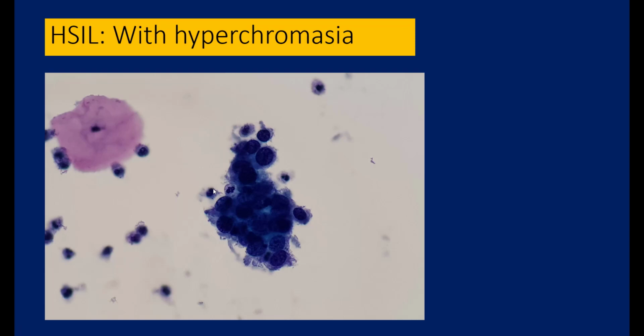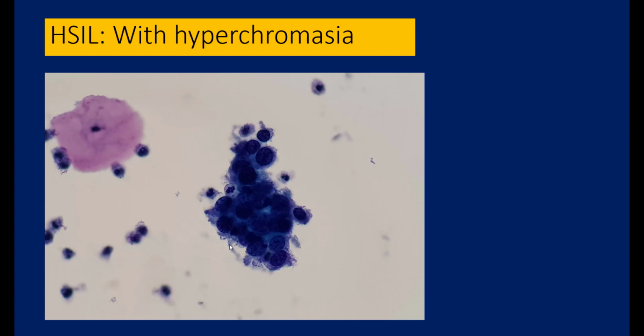Here we have a case where instead of hyperchromasia or pale chromatin, you've got very dense chromatin. The nucleocytoplasmic ratio here is much higher, right? You see something which looks like cilia, but trust me, these are not cilia. Maybe it has come out like this on this particular smear.